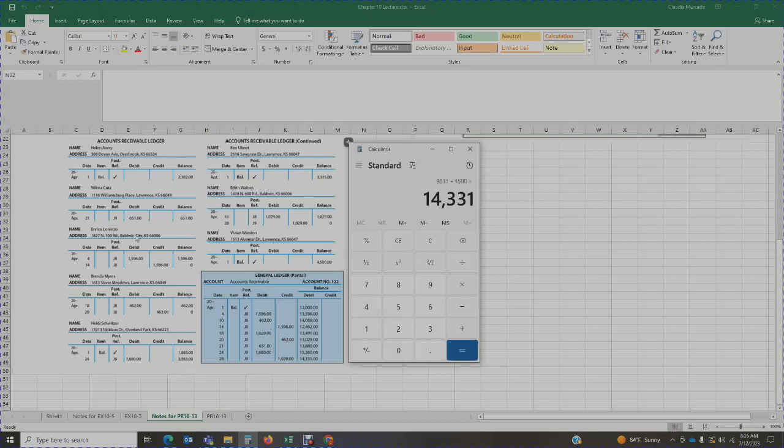If I add all of my accounts receivable ledger records, only if they have a balance, that's going to give me $14,331, which equals that number right there on your accounts receivable ledger. The accounts receivable ledgers need to equal your general ledger total, which they do.